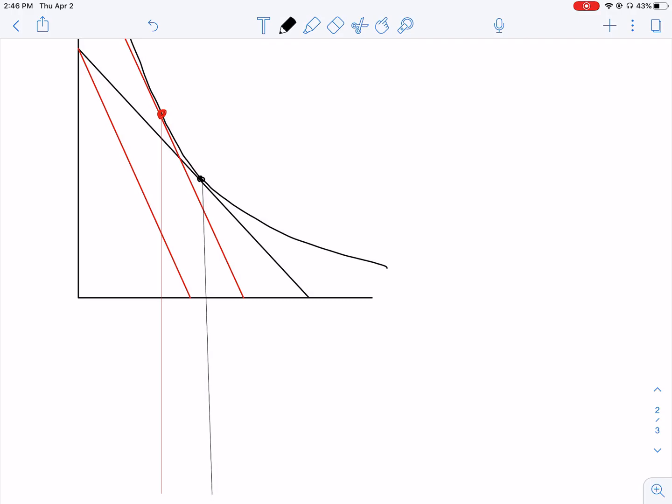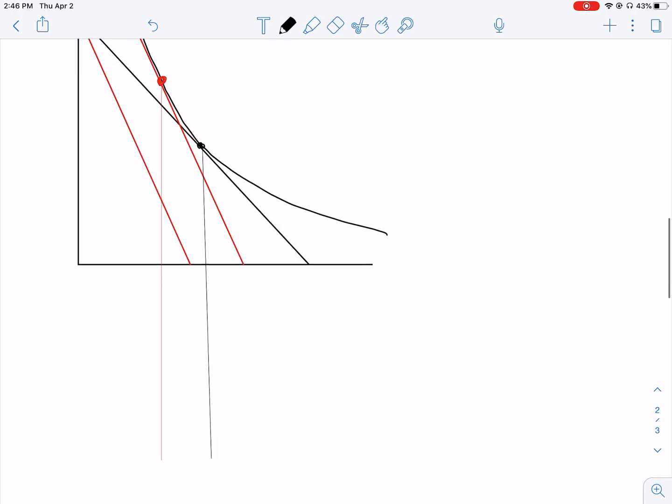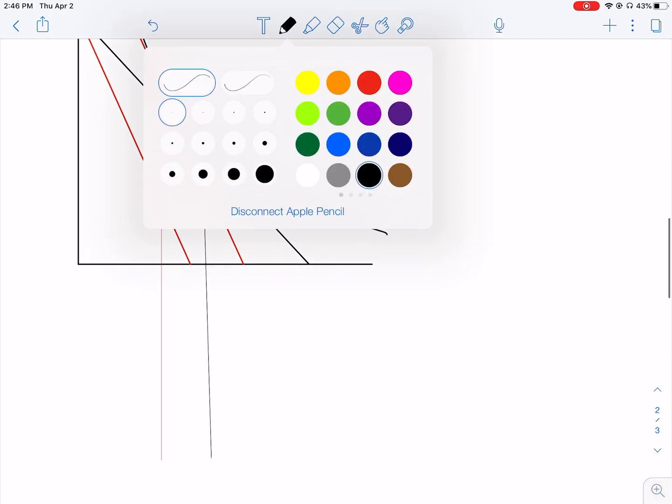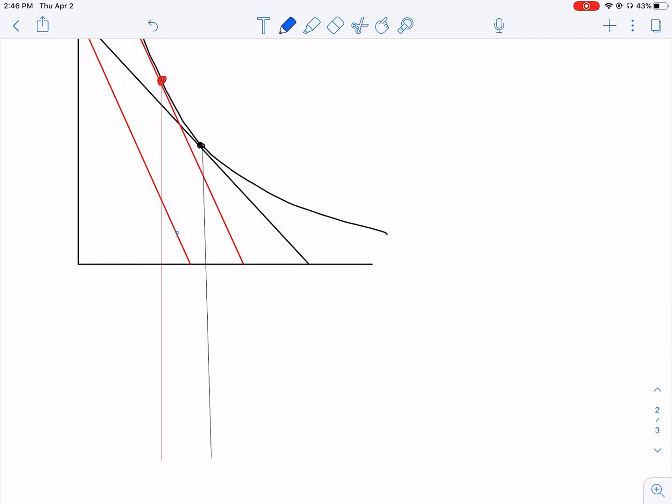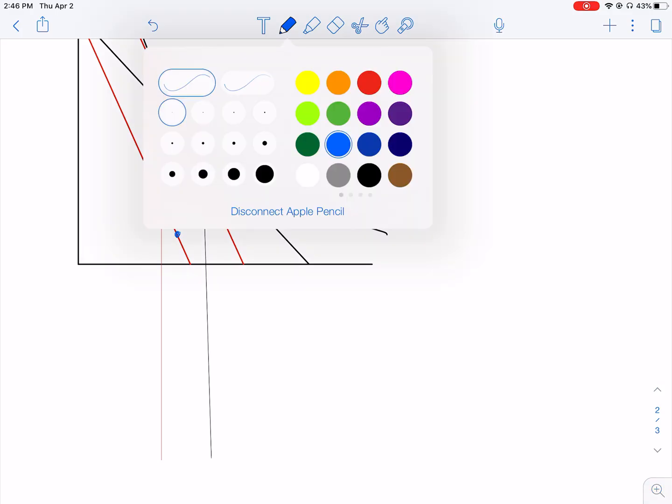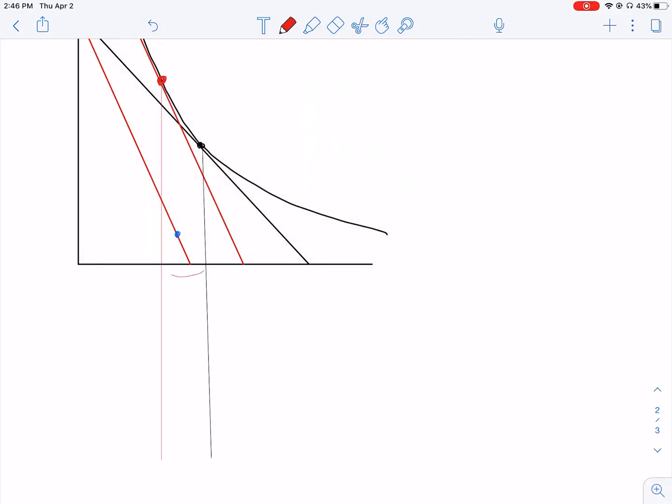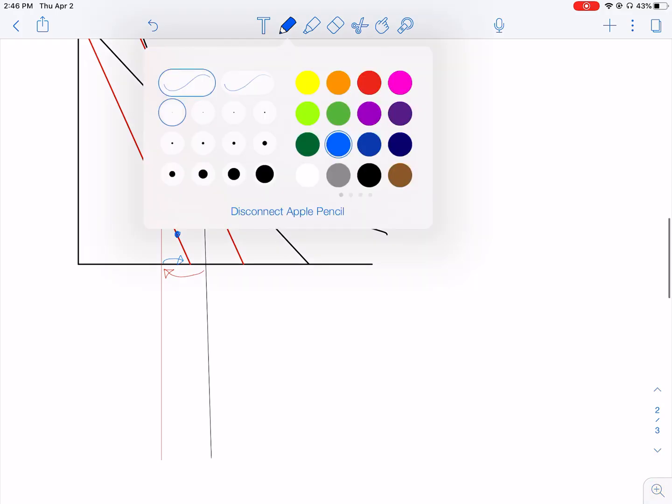And let's say the income effect is like that. So what's going on here is that the substitution effect is this one, and the income effect is this blue one.